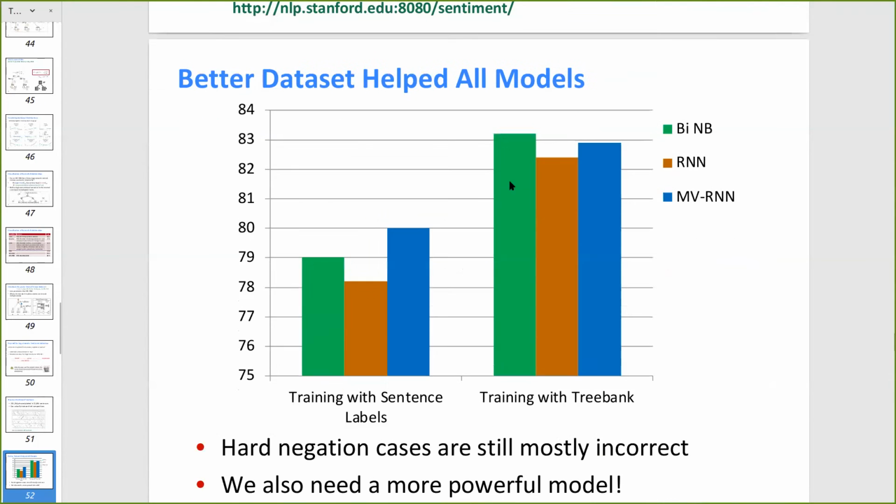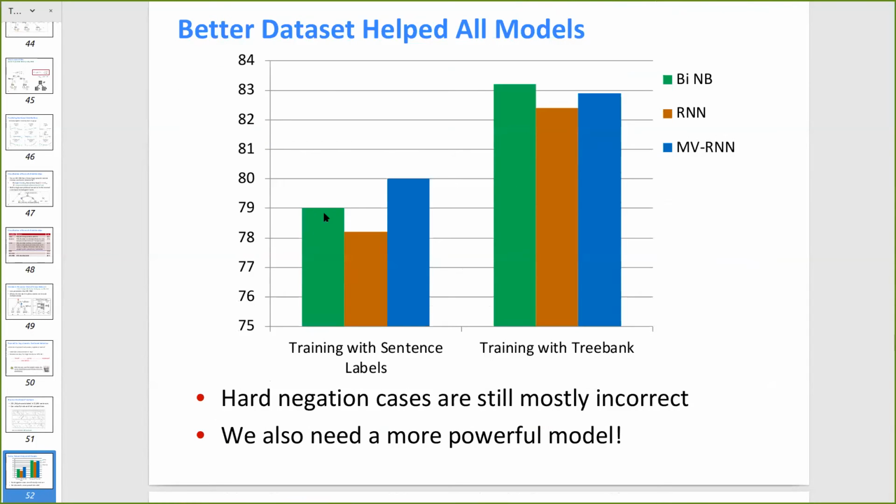Here are some results, some benchmarks. The green bar here indicates a naive Bayes model, like a traditional ML model, and the one in orange is the recurrent neural network. The one in blue is for recursive neural networks.